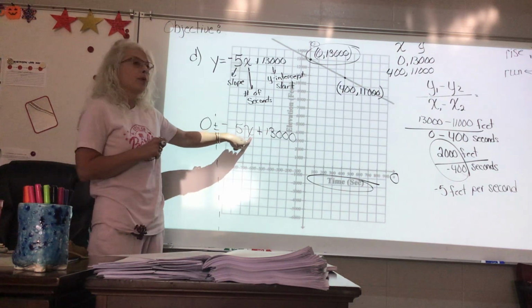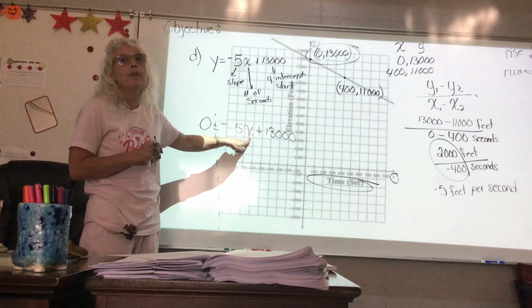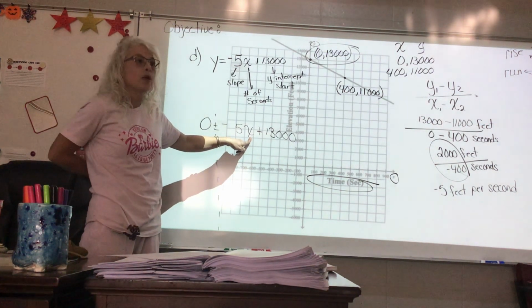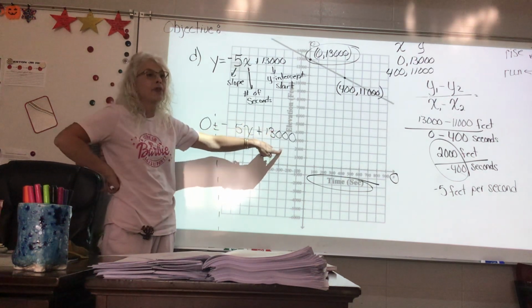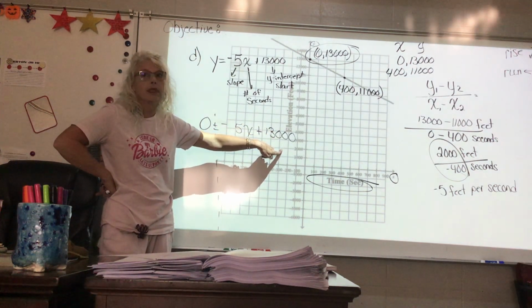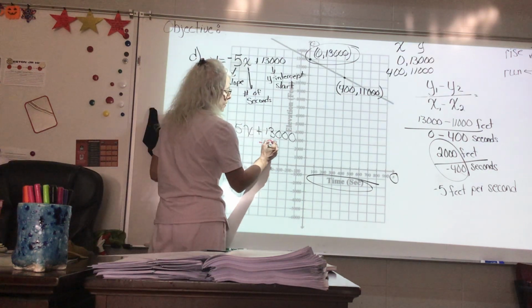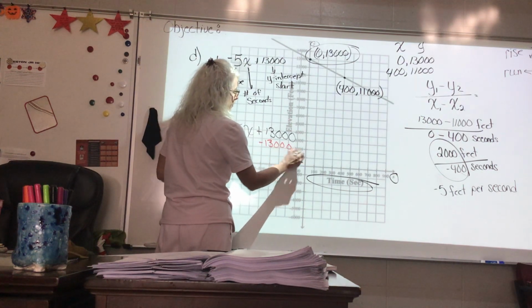Put your finger on the variable. Is your variable isolated? No. So we've got to use those solve equation skills. So how am I going to get rid of the 13,000? The opposite. Because we want to get rid of it, so we're going to use the opposite.